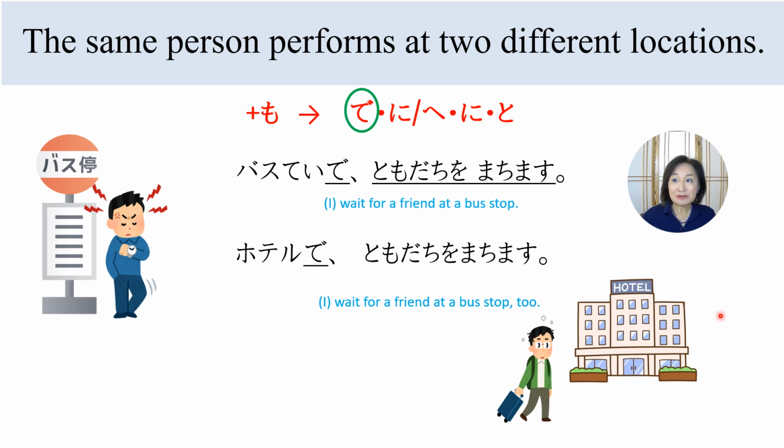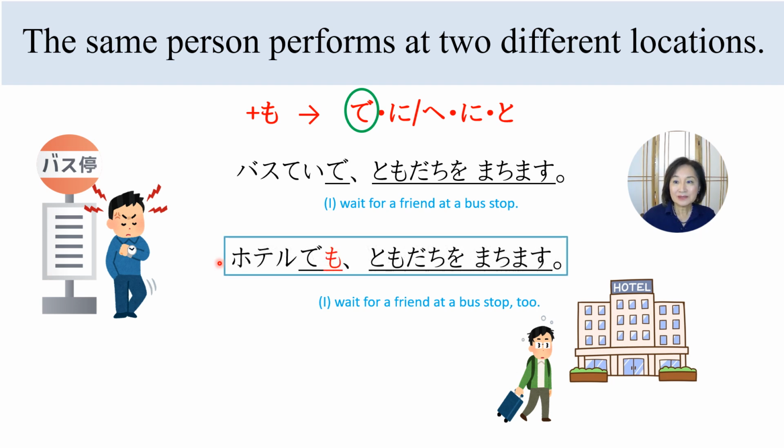You also wait for your friend at a hotel. バス停で友達を待ちます。ホテルで友達を待ちます。Please make the second sentence to show that you are waiting for your friend at both places. そうです。ホテルでも友達を待ちます。Here we keep the original particle で which marks the place of an action and add も to indicate that you also wait at the hotel.